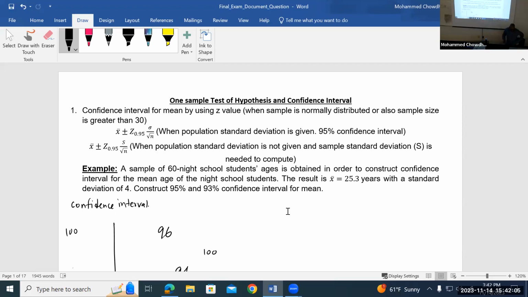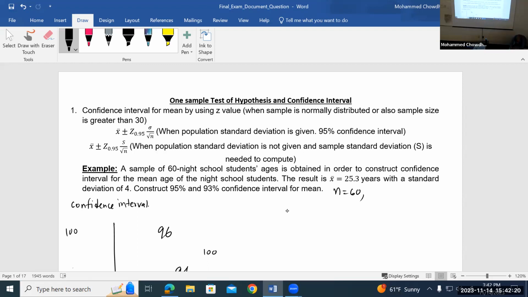A sample of n equal to 60 night school students' ages is obtained in order to construct a confidence interval for the mean age of night school students.